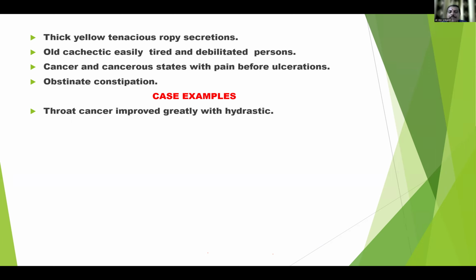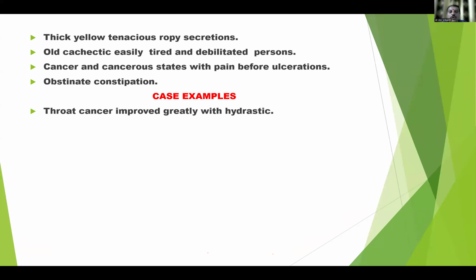It makes the person more syphilitic, more towards the right side of the miasmatic chart of the sensation method. Cancer and cancerous states with pain before ulcerations. Obstinate constipation.